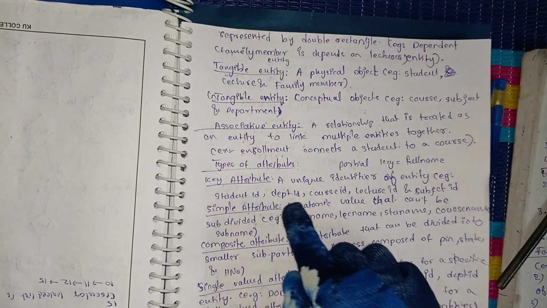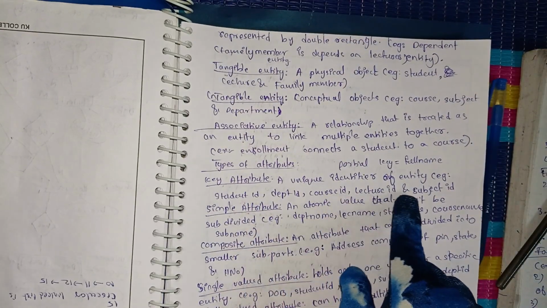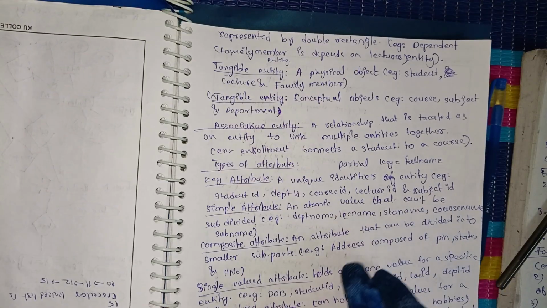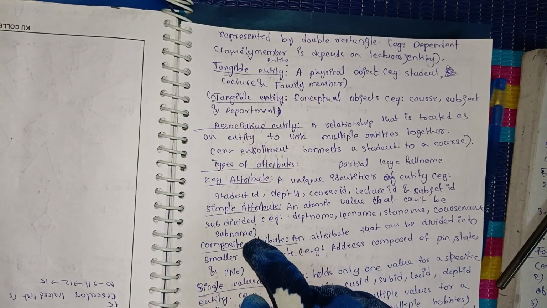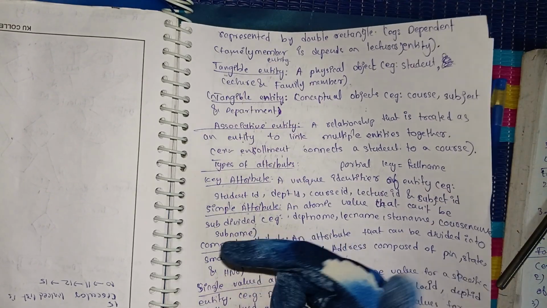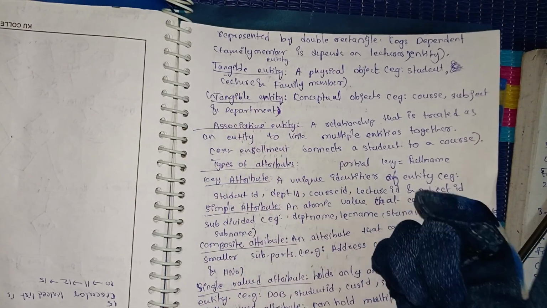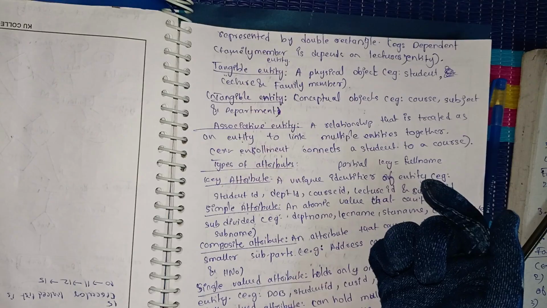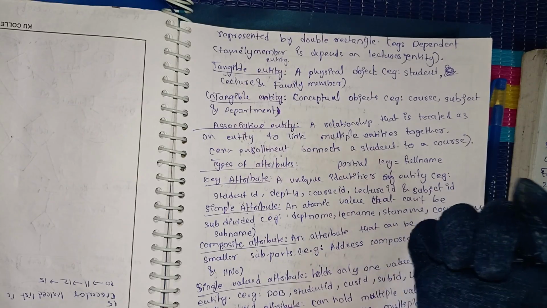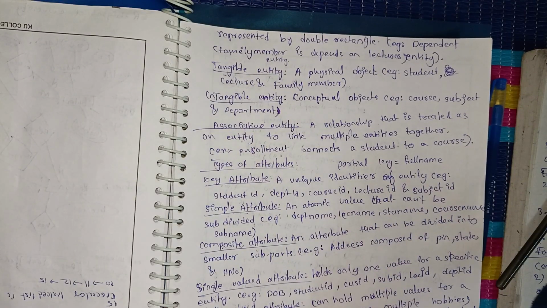Examples are student ID, department ID, course ID, lecturer ID, and subject ID. Those which are underlined in the diagram are the key attributes, also called primary keys, which are used to uniquely identify each row in the table.